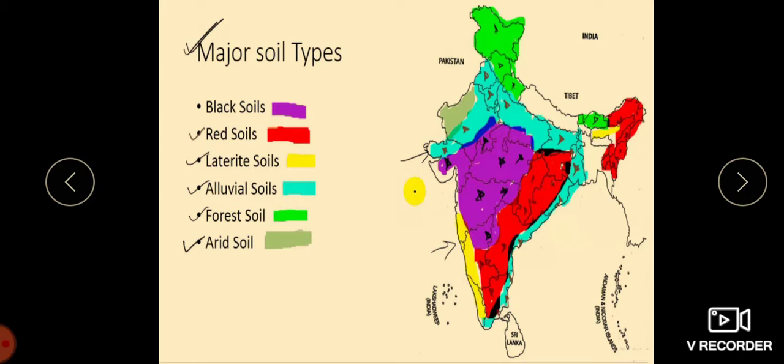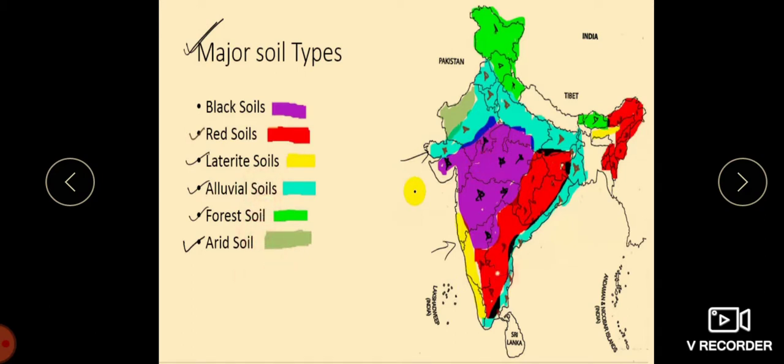Now we will move on to the next topic, that is the different types of soil. We have 6 types of soil: black soil, red soil, laterite soil, alluvial soil, forest soil and arid soil.